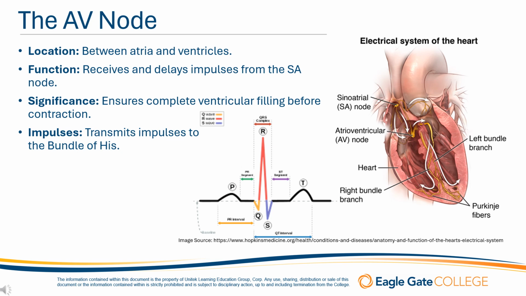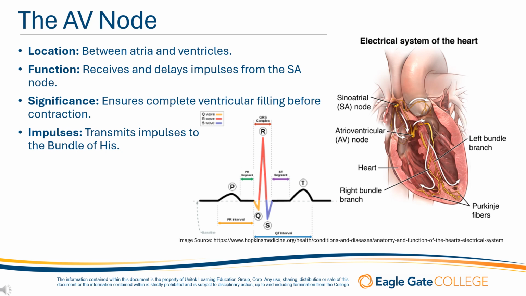After the SA node initiates an impulse, it travels across the atria, causing them to contract, and the impulse then reaches the AV node where it's momentarily delayed, and that delay typically lasts about 0.1 seconds. After the delay, the AV node transmits the impulse to the bundle of His, which is the next structure in the conduction pathway that we're going to talk about.